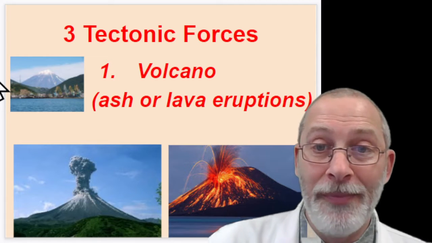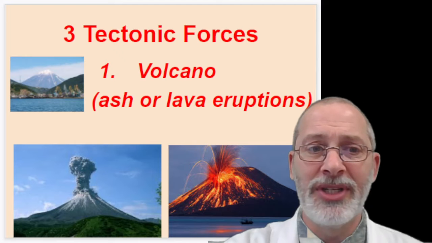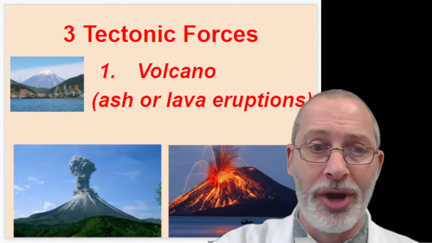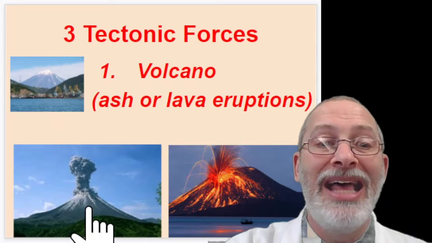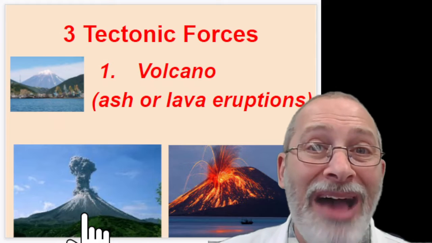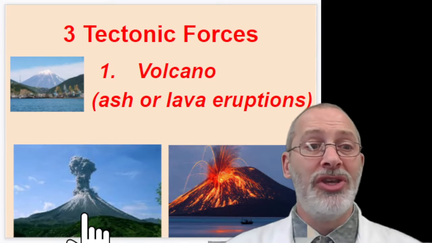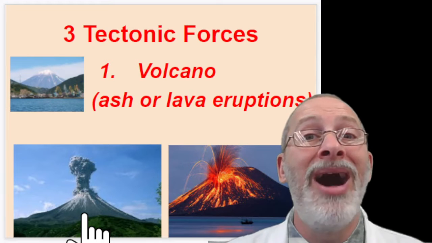A volcano produces either ash or lava. There are different types of eruptions that can occur. Back in the early 1980s, Mount St. Helens erupted and blew off the whole top half of the mountain and resulted in ash flows for miles around.